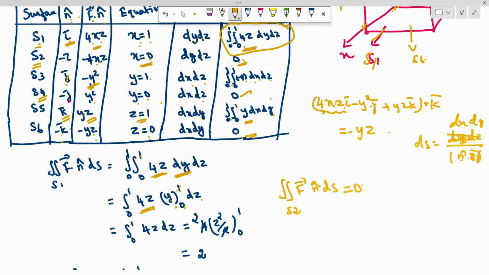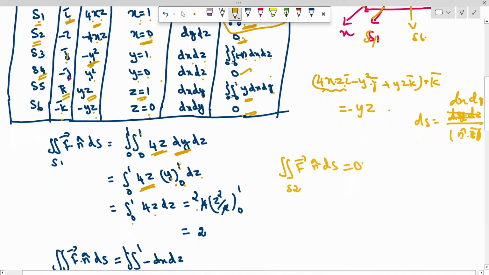First apply the upper limit value 1 here. 1 minus 0 will come, that is 1. There is no change here. We will get only 4z. Integral 0 to 1, 4z dz. Now integrate with respect to z. 4 into integral of z dz will be z square by 2 with the limit 0 to 1. And then substitute here 1, we will get only 1.